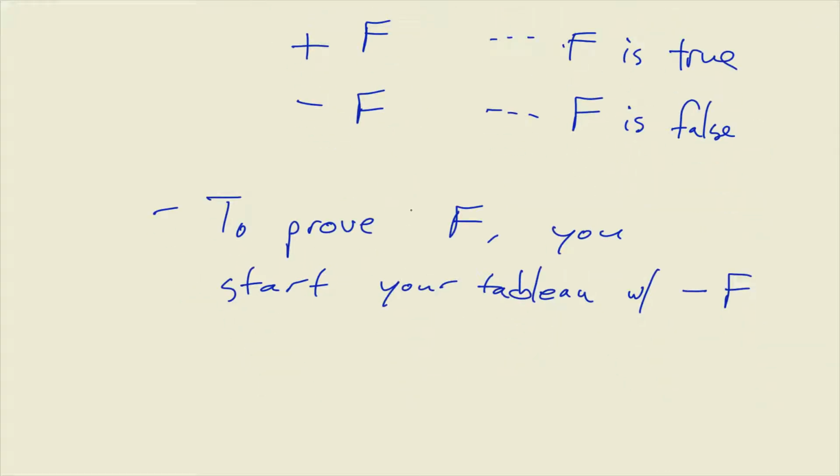And this is basically a method of proof by contradiction. You're going to say, let's start out assuming F is false, and we're going to deduce a bunch of consequences of that until we can see that we derive contradictions under all possible situations.